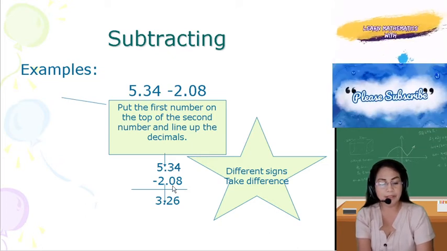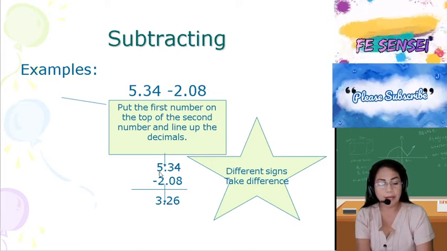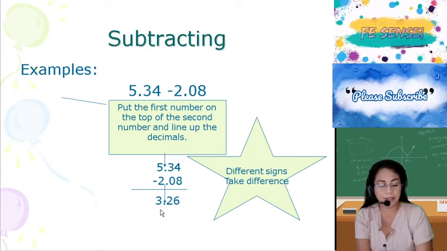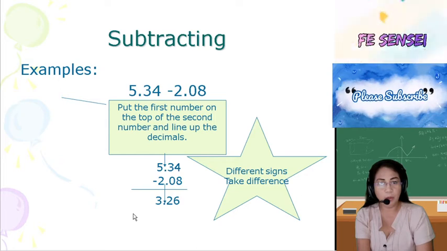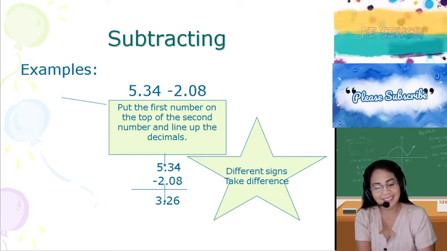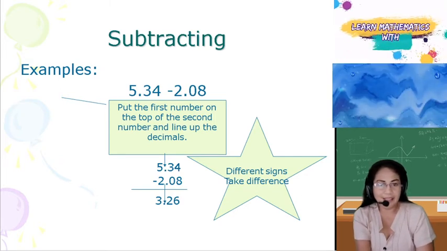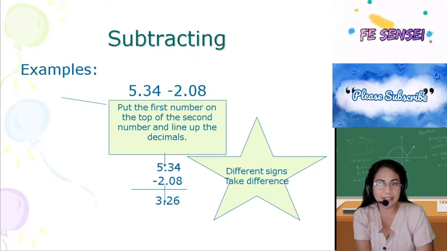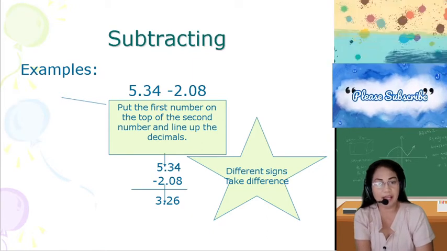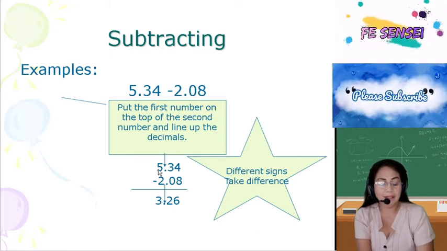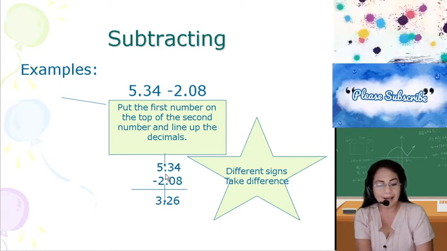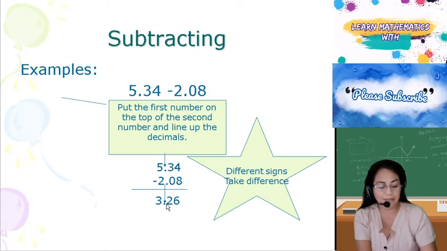So 2 minus 0 is 2. 5 minus 2 is 3. So easy, right? It's just like adding and subtracting whole numbers, but in decimals, we're going to align the decimal point.